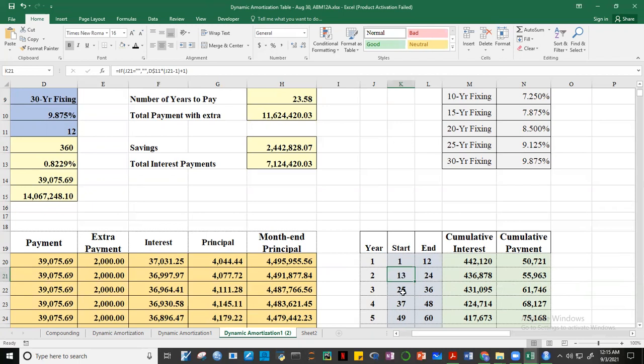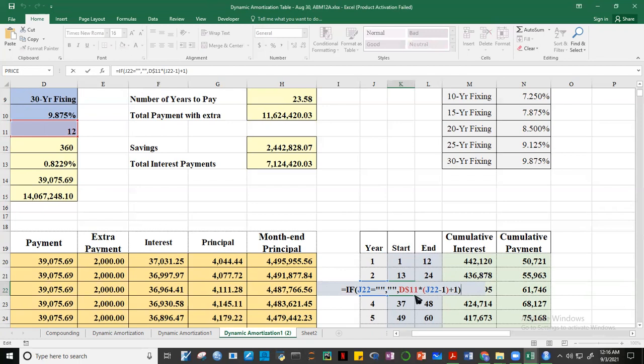Okay, if I copy this, what will happen? It will always be the year, D11 times, what's J22? Sorry, D11 is the compounding, not 12. So that's 12 times our year, 3 minus 1.